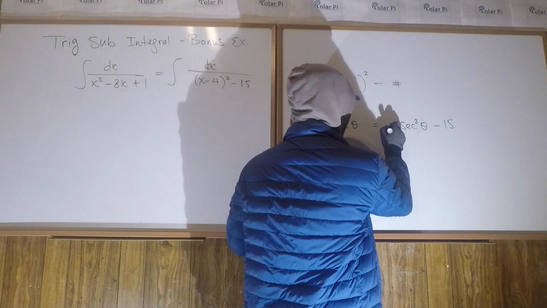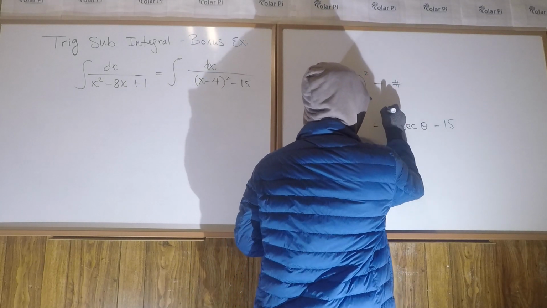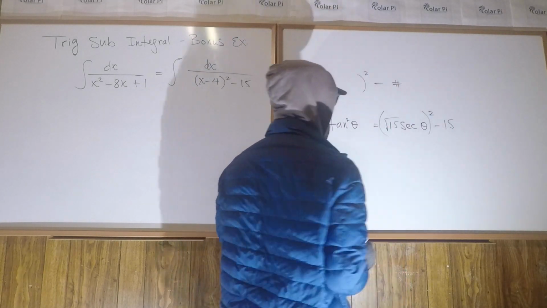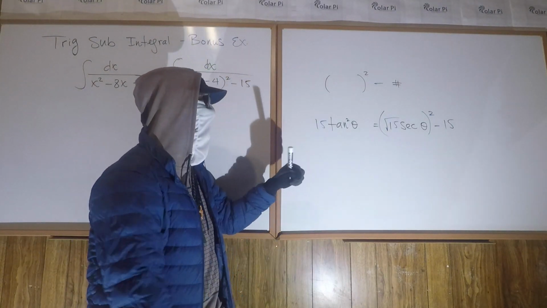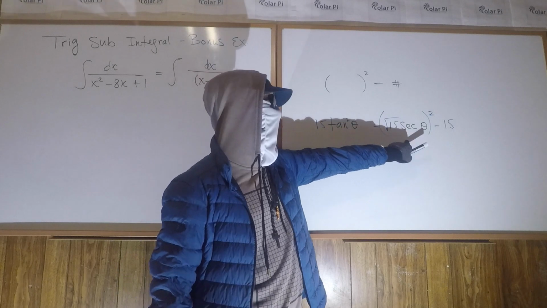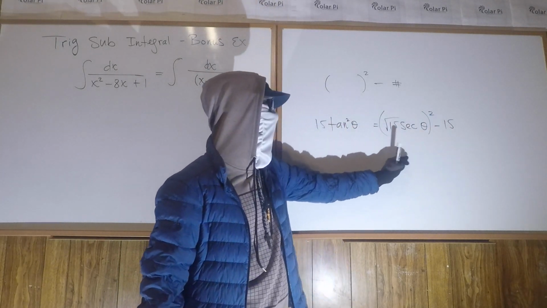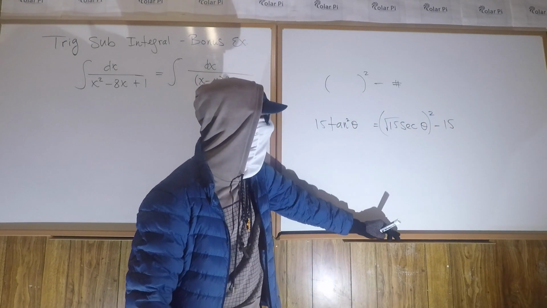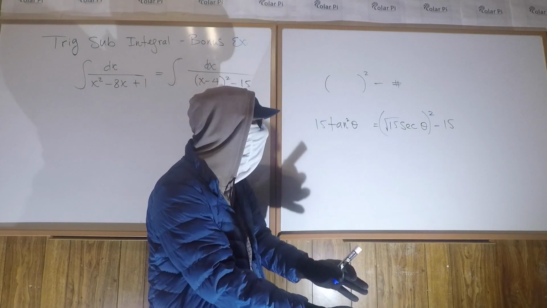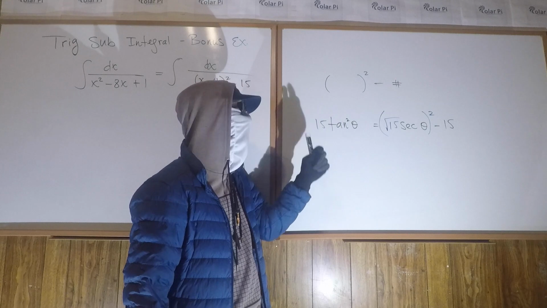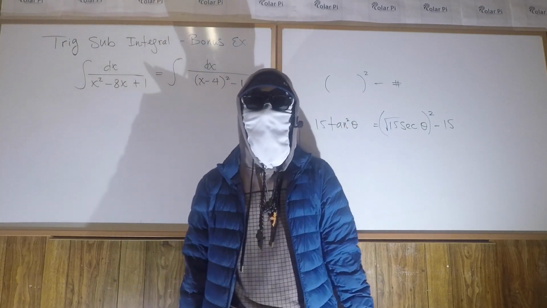Well, I could write square root of 15 right here. And now, good, because this says 15 secant squared minus 15. Once you factor out the 15, you get 15 times secant squared minus 1. The secant squared minus 1 part is tan squared, and so 15 tan squared.